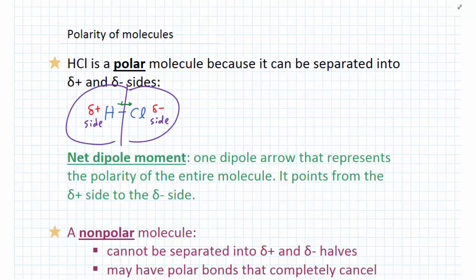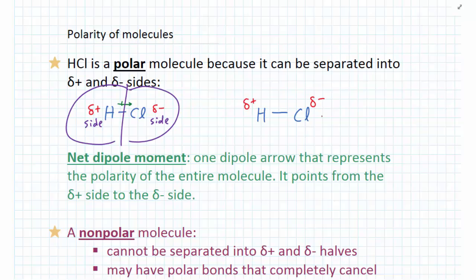Turns out polar molecules are attracted to each other, because if I had another HCl over here, there's its positive side, there's its negative side. Okay? The opposite sides of those molecules will attract, just like magnets.